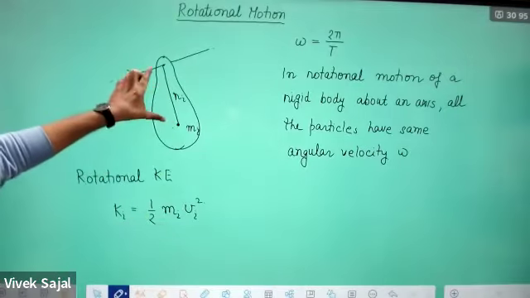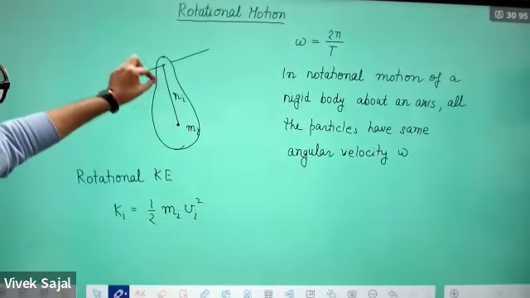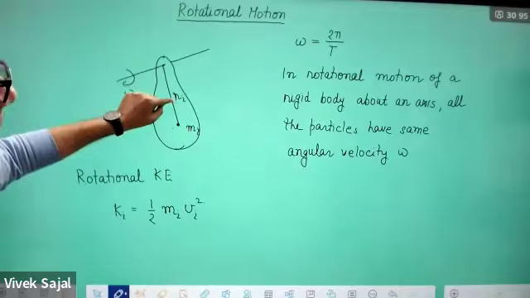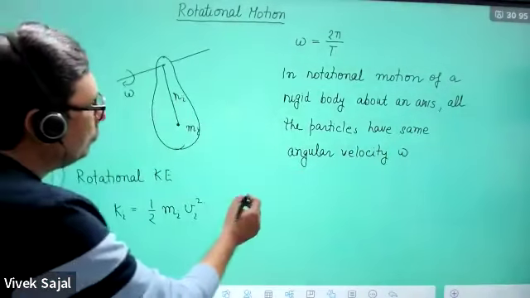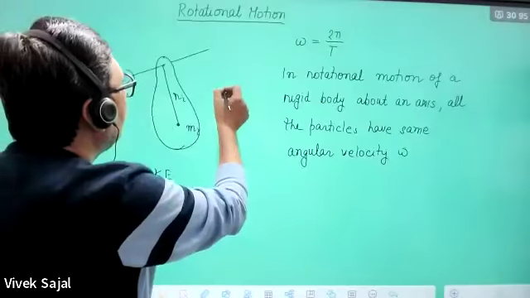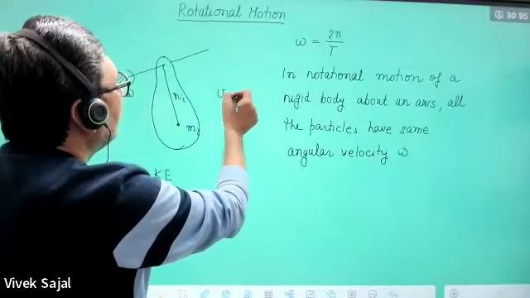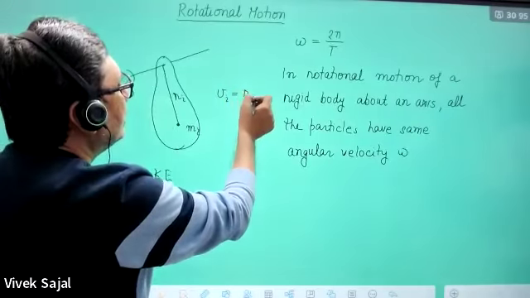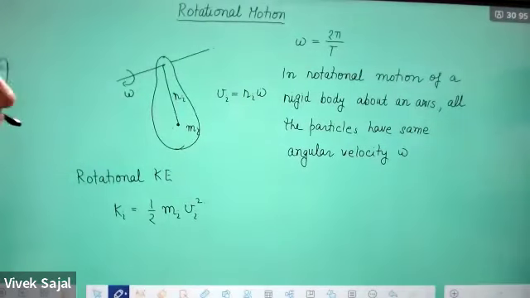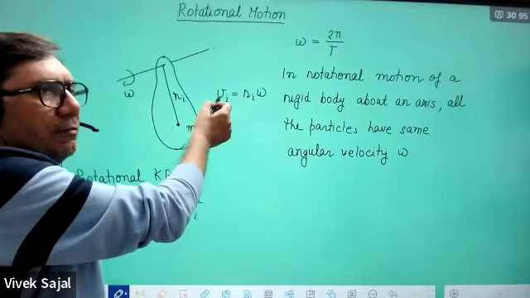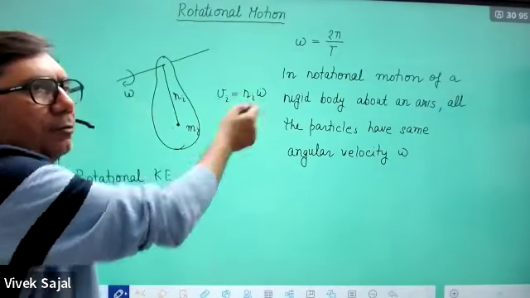But in rotational motion, if the distance of the particle from the axis of rotation is ri, and omega is the angular velocity, then you know that vi equals ri omega. V equals r omega. You are aware that this linear velocity v will be r times the angular velocity.